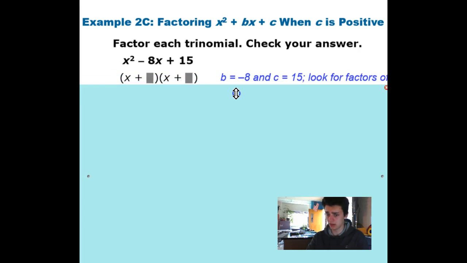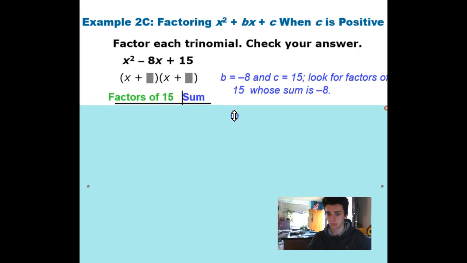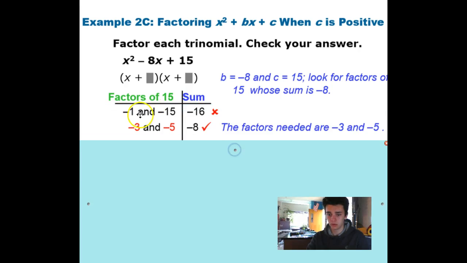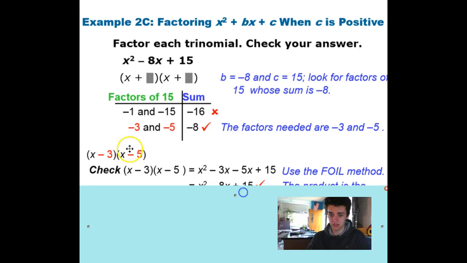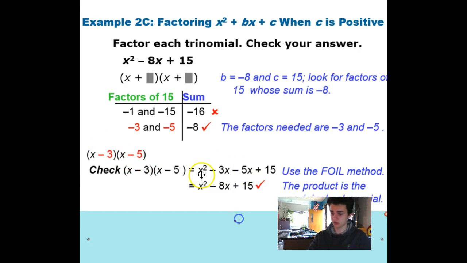It's the same process, though. Write down your x pluses, and you're looking for factors of 15 that add together to equal negative 8. Negative 1 and negative 15, or negative 3 and negative 5, which adds together to equal negative 8. So negative 3 and negative 5 are the correct terms. Again, check your answer. It's always helpful.